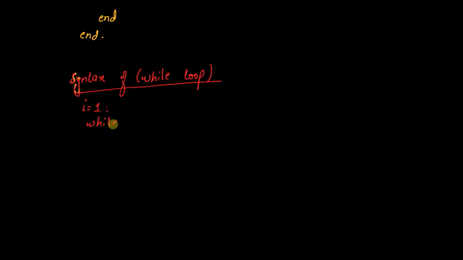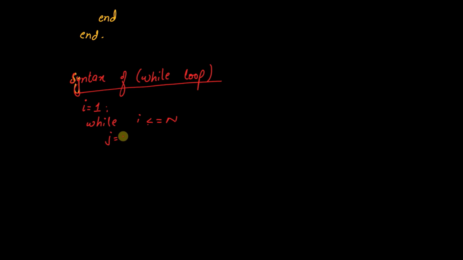Next, we have the syntax of the while loop. For the while loop, we have to initialize our variable. That could be anything, so I is equal to 1, I am choosing. Next, we have the word while that turns blue. Then we have some condition to be satisfied.